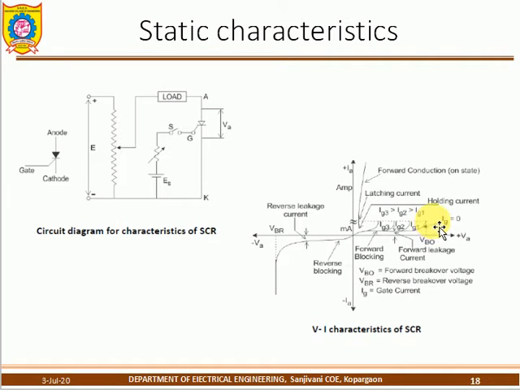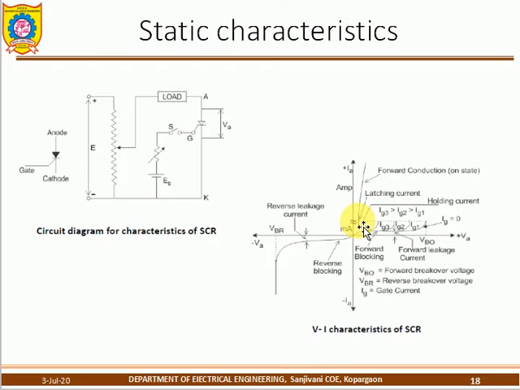So 0.5 milliamperes is the latching current. To turn on, the current is 0.5 milliamperes. So I vary 0.1, 0.2, 0.3, 0.4. Once it reaches 0.45, 46, 47, 48, 49, 0.5.